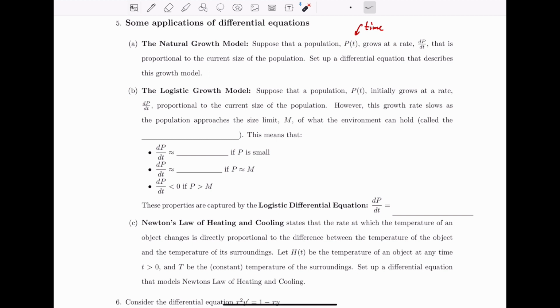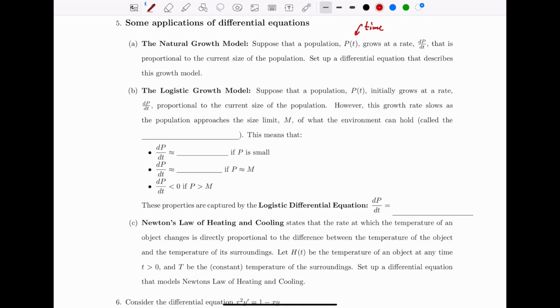Now before we do that, let's talk a little bit about the derivative here and how to think about dP/dt. dP/dt is the derivative of population with respect to time. Time is the independent variable, population is the dependent variable. We want to think of dP/dt as the rate of change of population. And for these applied problems, that's really the best way to think about the derivative.